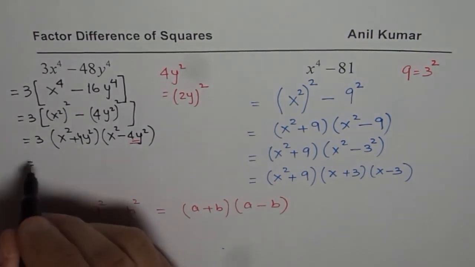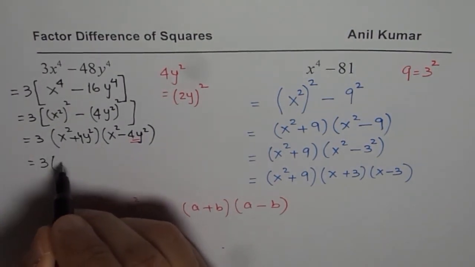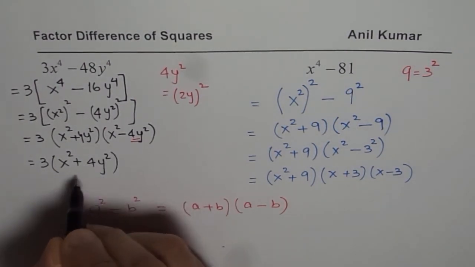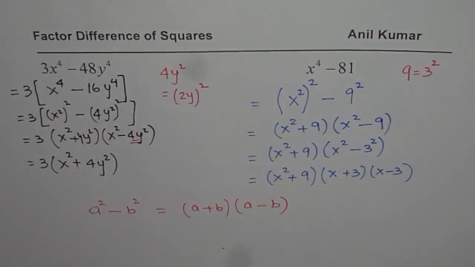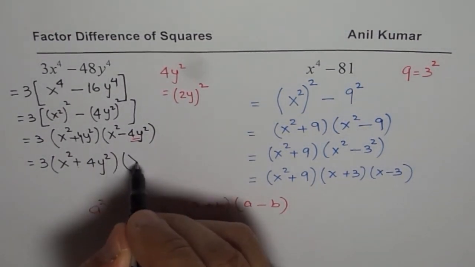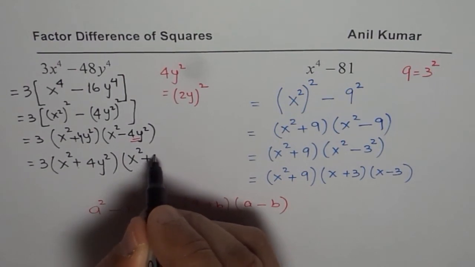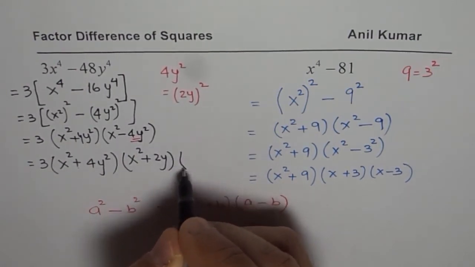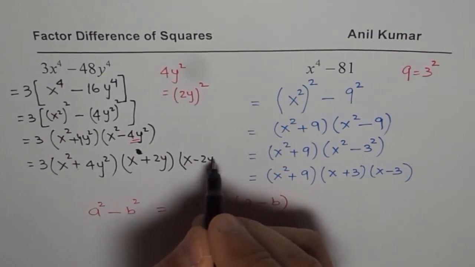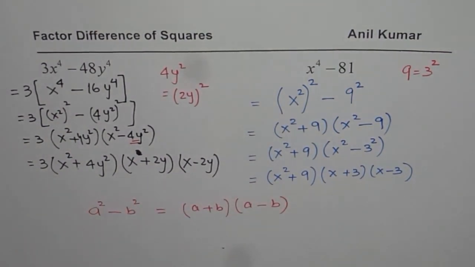So now we can factor it further, writing this as x square plus 4y square. So this is positive. This cannot be factored further. But here we have difference of squares. We could factor this. So we get x square plus 4y square times x plus 2y times x minus 2y. So that becomes our answer for factoring 3x to the power of 4 minus 48y to the power of 4.